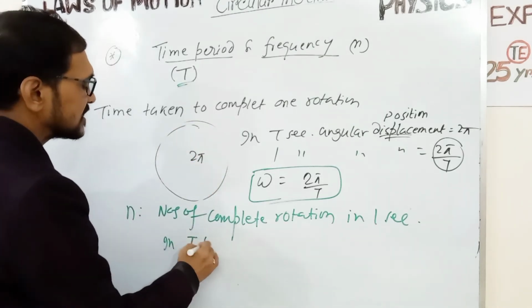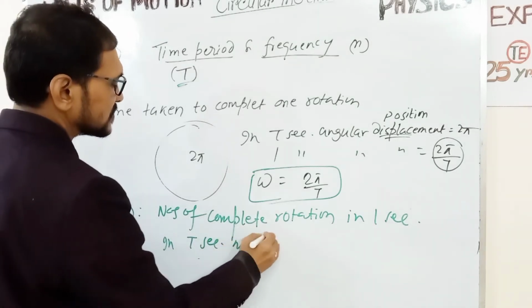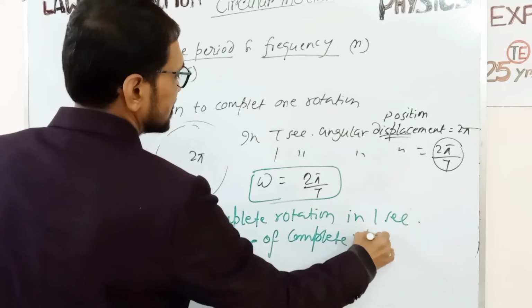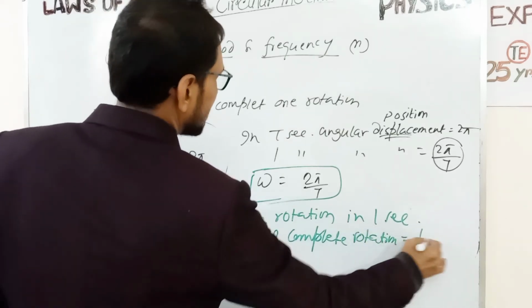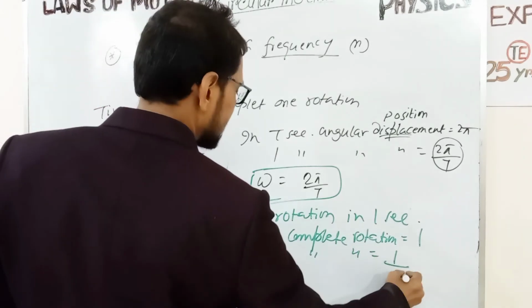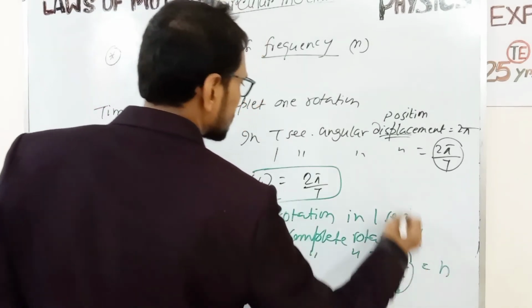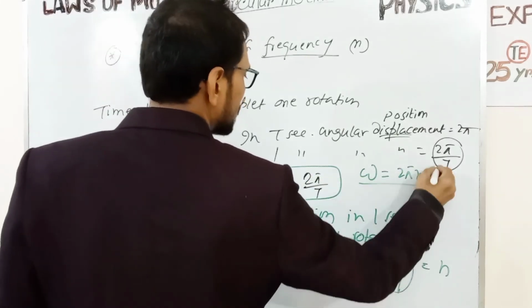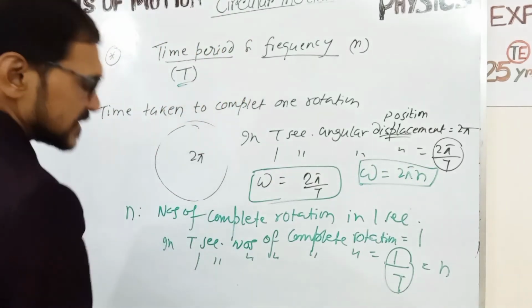So in T seconds, the number of complete rotations equals 1. So in 1 second, the number of complete rotations equals 1 by T, which is equal to n. So omega equal to 2 pi into n. This is an important formula, and the unit of omega is radian per second.